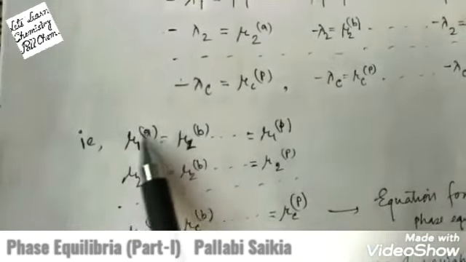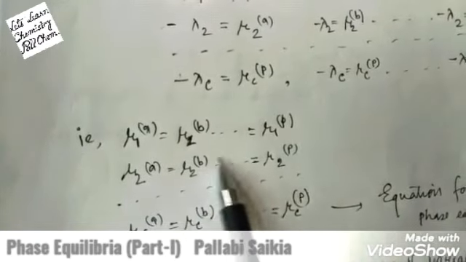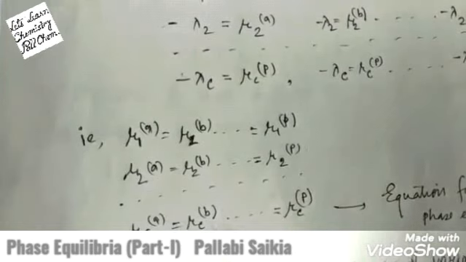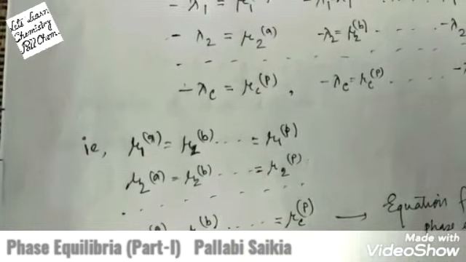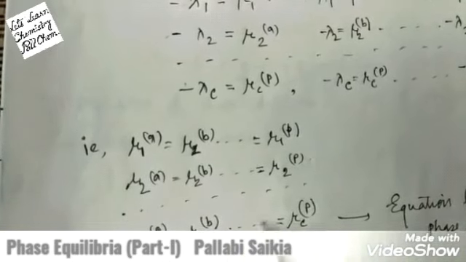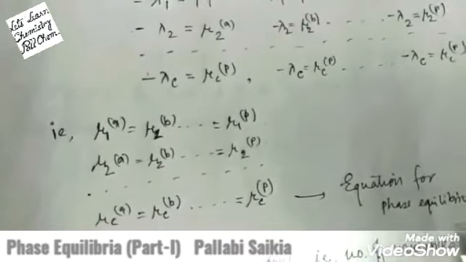In all the phases, the chemical potentials are equal. For mu2a, mu2b, mu2p, mu ca, mu cb, mu cp. That means the chemical potentials are equal for all the components in all the P phases. So this is the derivation of the equation for phase equilibrium.